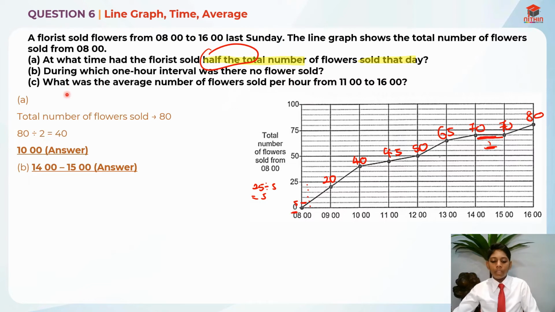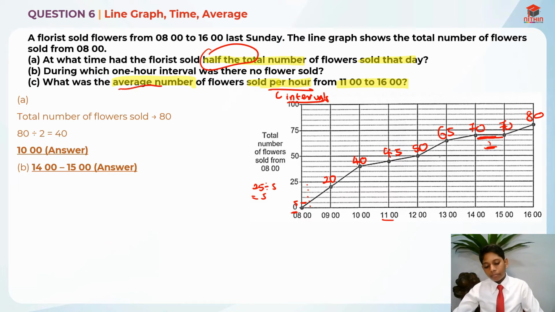Part C. What was the average number of flowers sold per hour? Okay, this is important. So per hour, an average number from 1100 to 1600. This per hour part is very important. So they are asking for the intervals. So how do you do the answer?